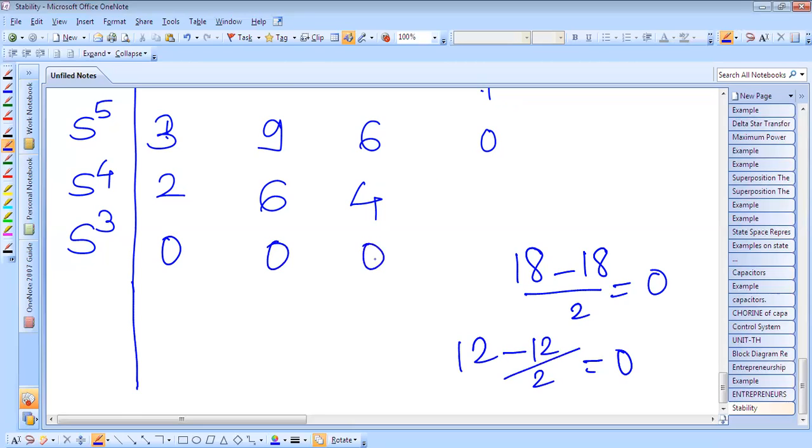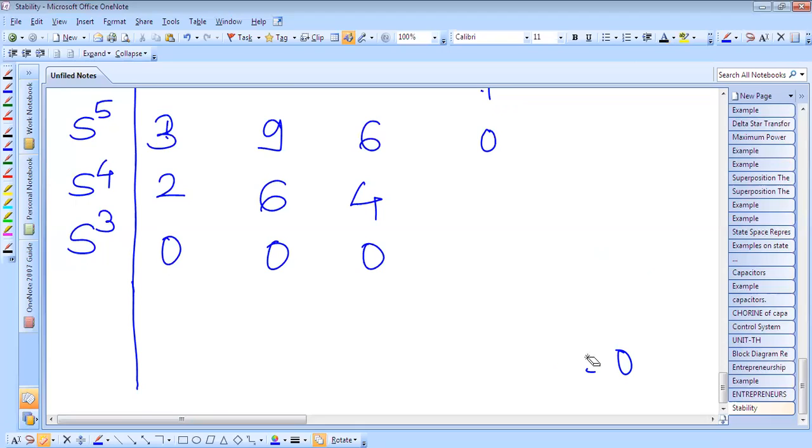So we have got one more difficulty in forming the Routh array. What is the difficulty? In the previous example, the first element of one row became 0 and we replaced it by epsilon. But here all the elements of this row are 0.